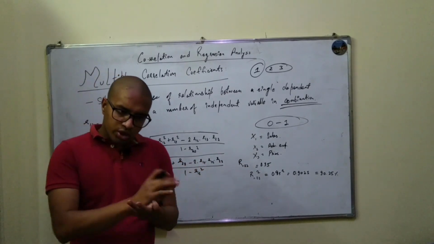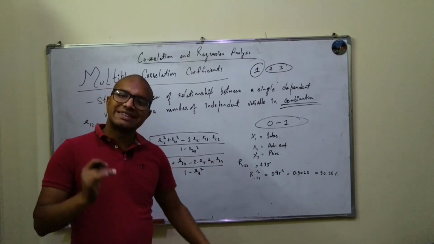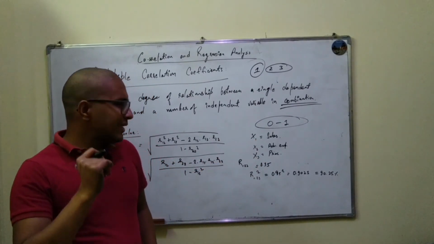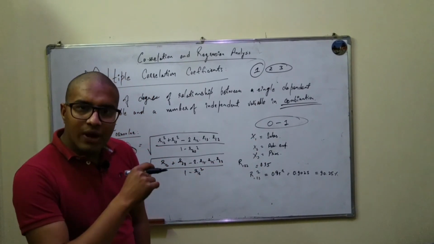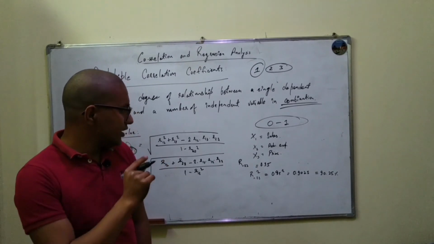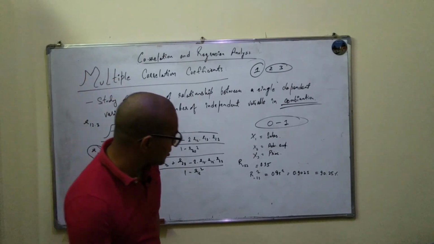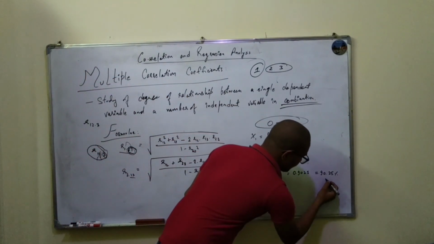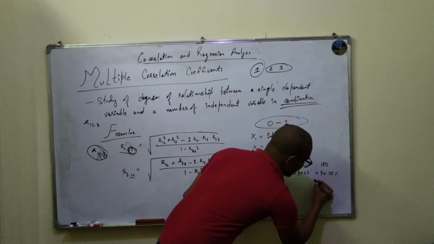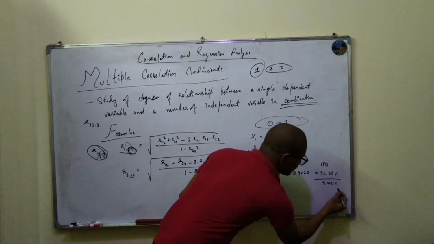So the total variation in X1, or in sales, is explained by X2 and X3 by how much percentage? 90 percent. For the rest, if you subtract it from 100, you will get 9.75 percent.